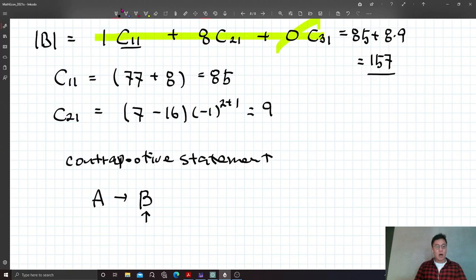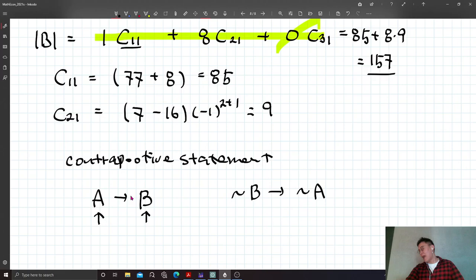That is the contrapositive statement. And this is a number one principle in logic and in mathematics. The original conditional statement and its contrapositive statement are equivalent in the sense that if the original statement is true, then its contrapositive statement is true, and vice versa. If the contrapositive statement is true, then the original statement is true as well.